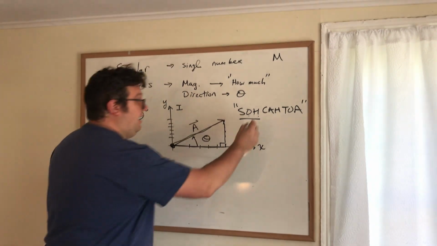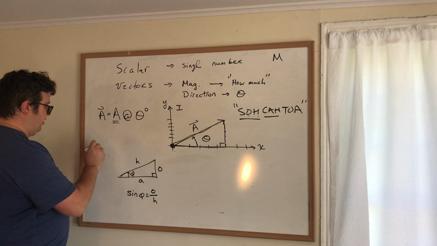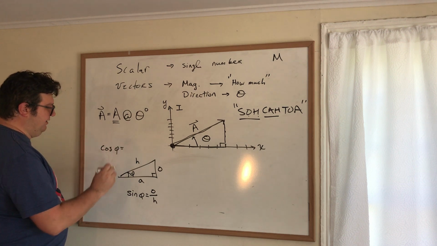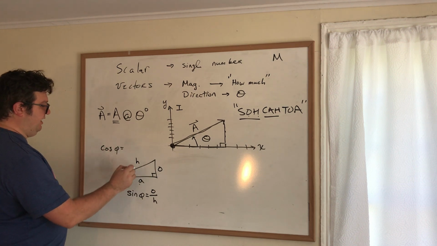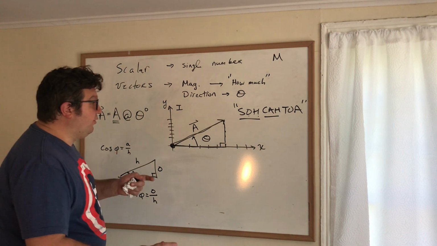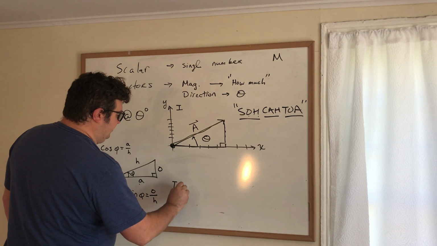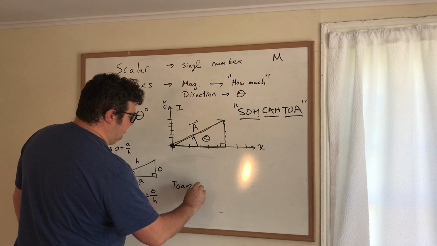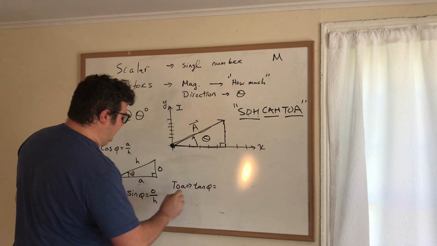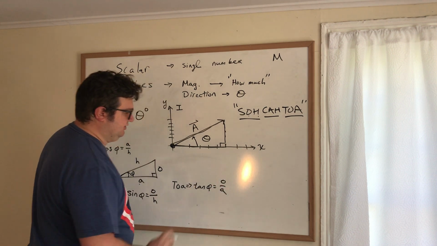The CAH part, the cosine of phi is equal to the adjacent over the hypotenuse. And then, of course, there's the TOA part, which is that the tangent of phi equals opposite over adjacent.